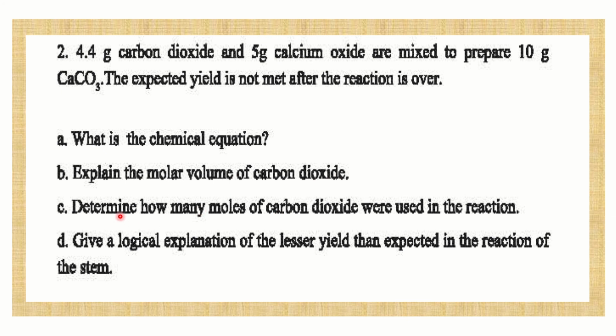Now C number question, determine how many moles of carbon dioxide were used in the reaction. Look, here 4.4 gram carbon dioxide and 5 gram calcium oxide are mixed. Here you have to find out how many moles of carbon dioxide were used. 4.4 gram carbon dioxide is taken, but we have to find out whether the full amount of carbon dioxide is used or not.